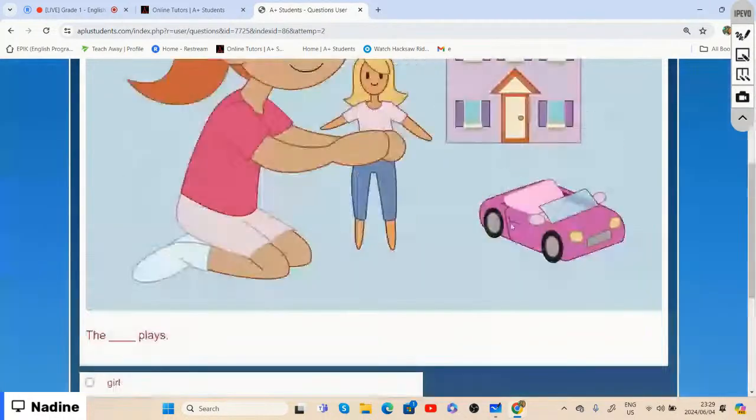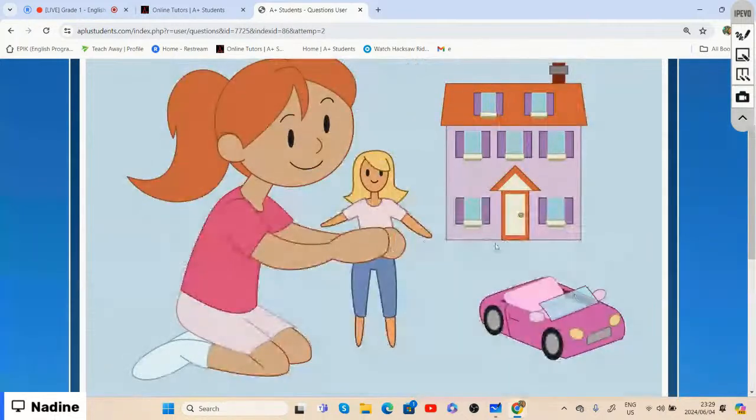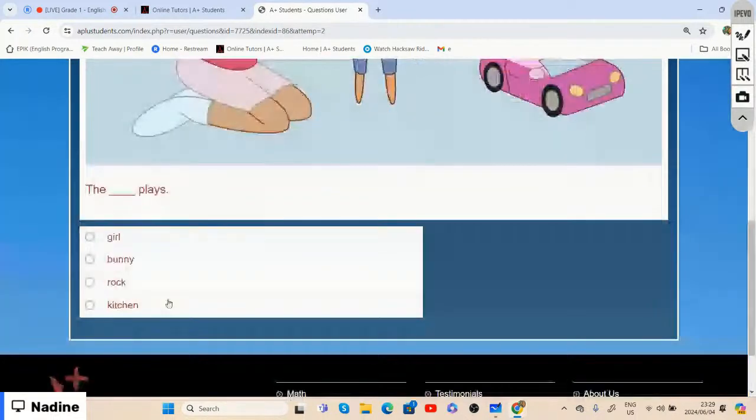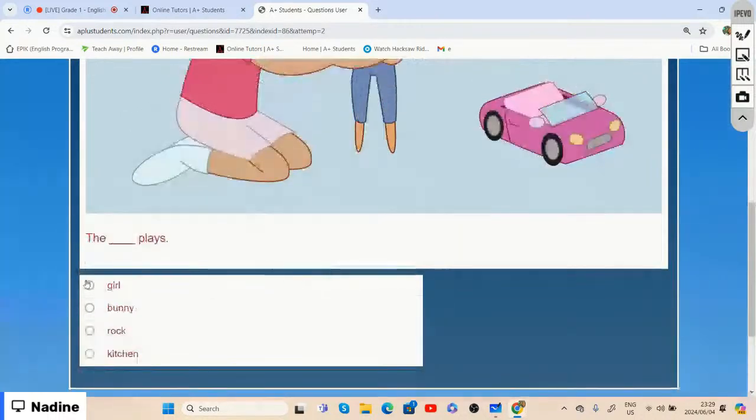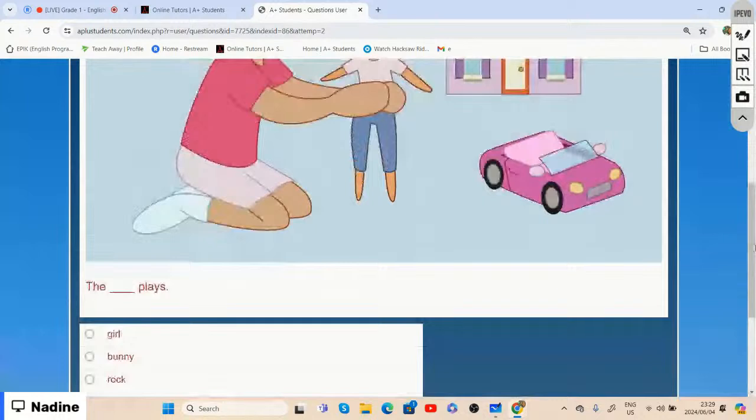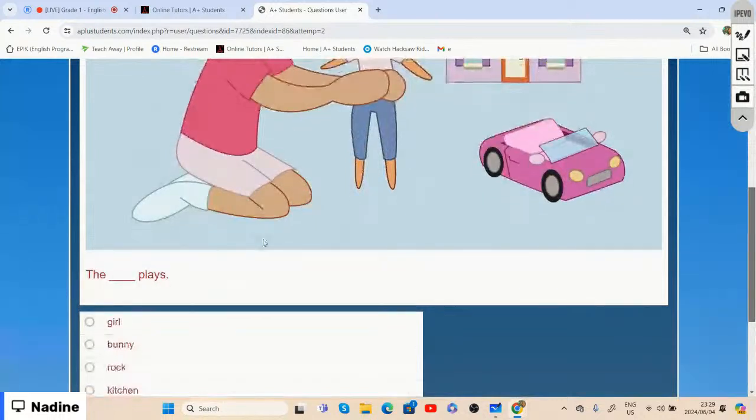So who is playing over here with the toys? Do we say the girl plays, the bunny plays, the rock plays, or the kitchen plays? Who plays with the toys?